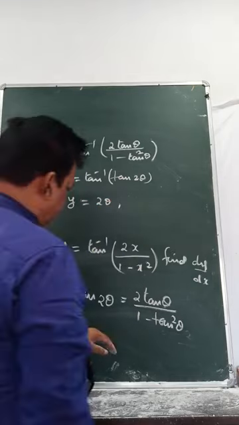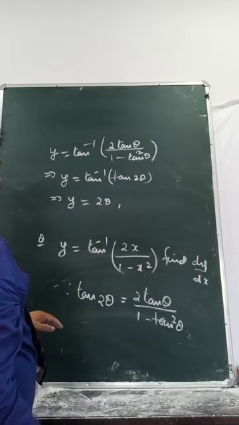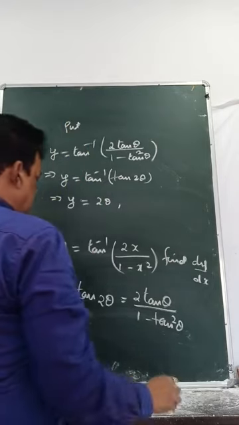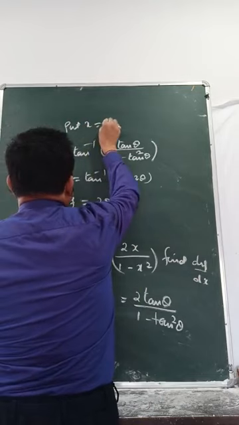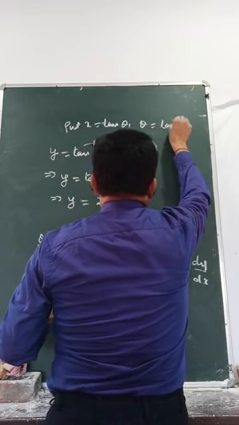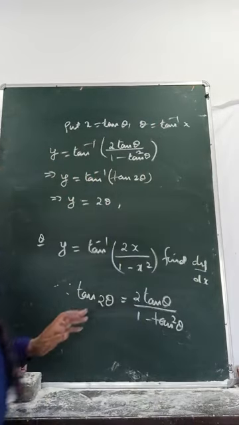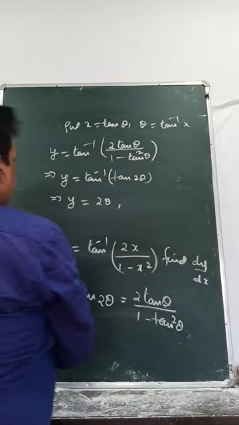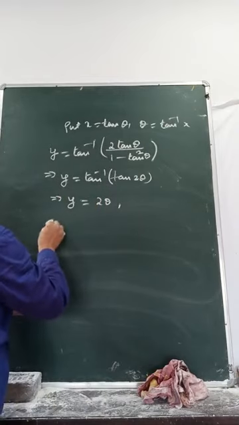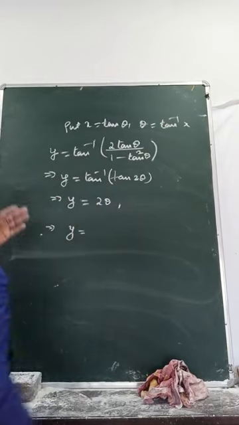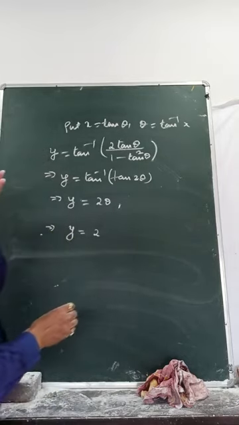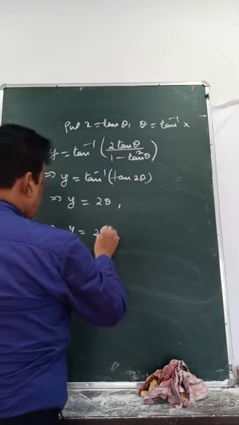Implies y equals 2 theta. What is theta? So you have to write down here, put x equals tan theta and theta is tan inverse x. So what will I get? y equals 2 tan inverse x.